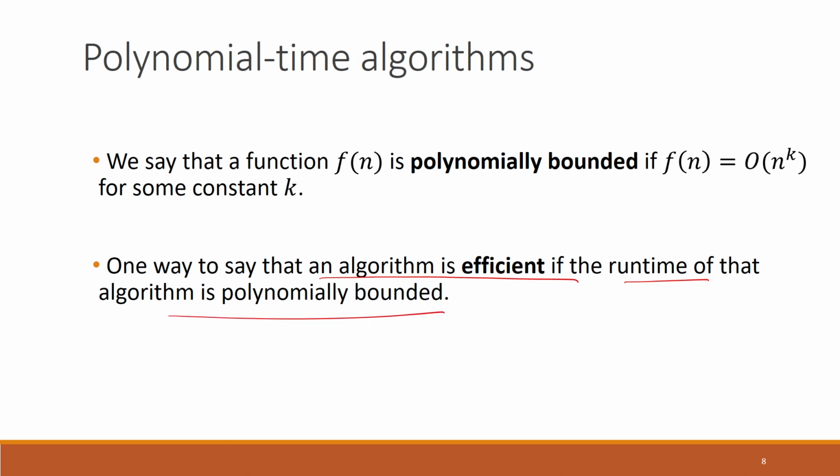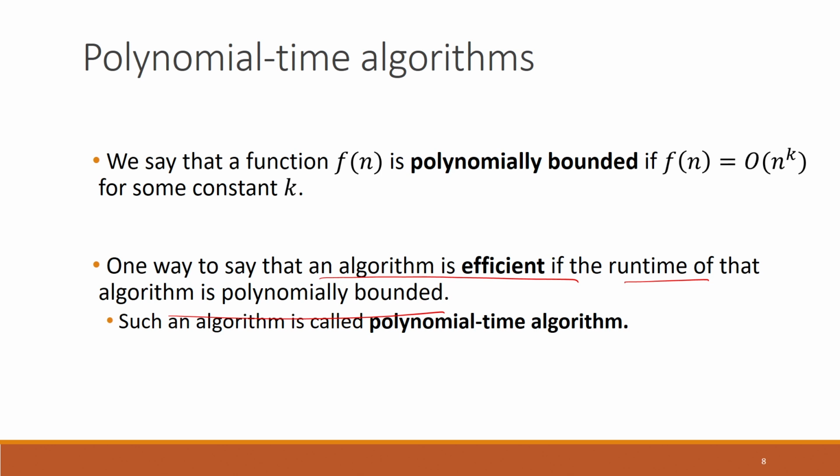Okay. So, now this is very interesting here. We are saying that if the running time of an algorithm is taking polynomial operations, then it is an efficient algorithm. So, such algorithms that are polynomially bounded are called polynomial time algorithms.